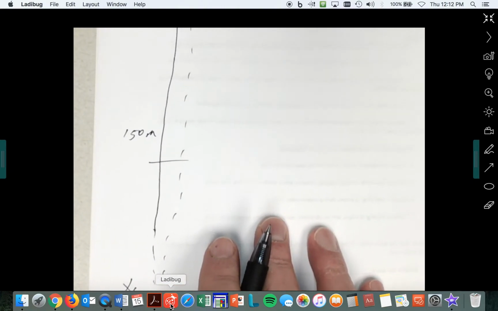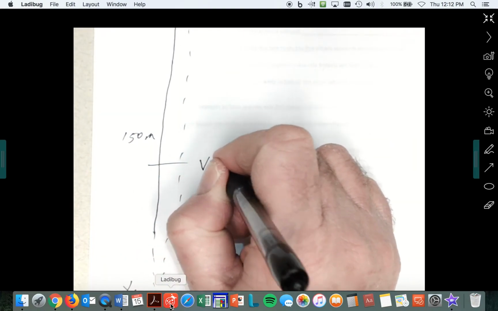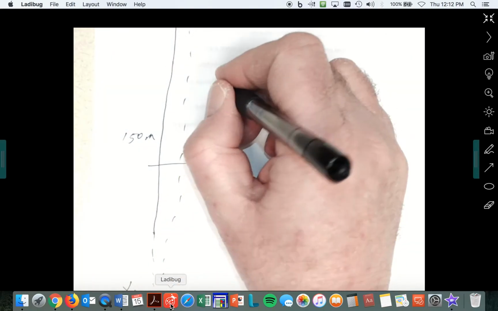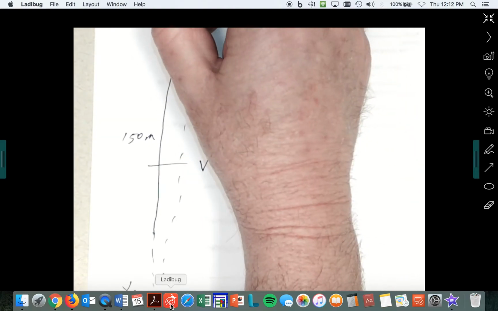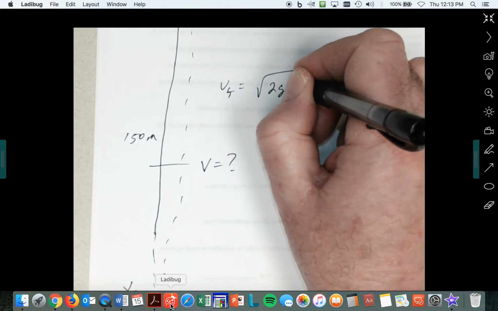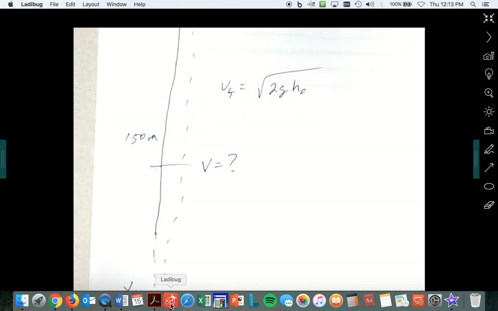Now, what's going to happen is you're going to have this huge velocity right here. What's going to be your velocity at this point before the rope starts stretching? Well, that's easy. We know that in free fall the final velocity is the square root of 2g times the initial height, which in this case is 150 meters. That's how far he's fallen.